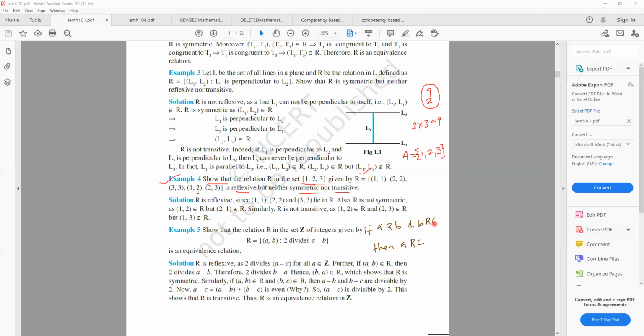Okay, so here look at this, 1 related to 2 है, then 2 related to 3 है, तो वैसे तो 1 related to 3 होना चाहिए रिलेशन में, but 1 related to 3 रिलेशन में नहीं है, so it is not transitive.